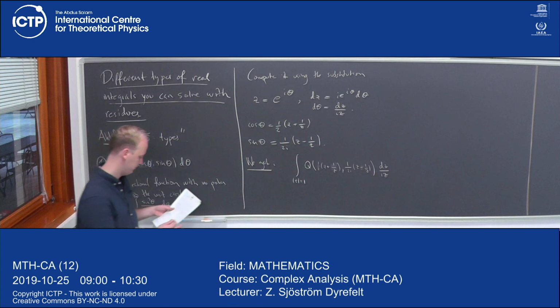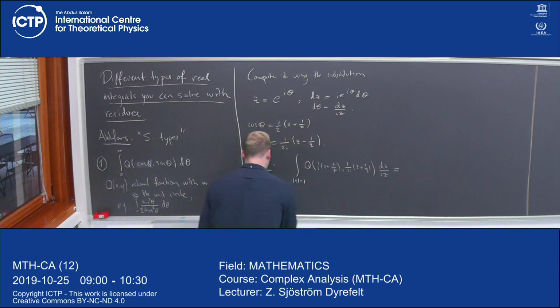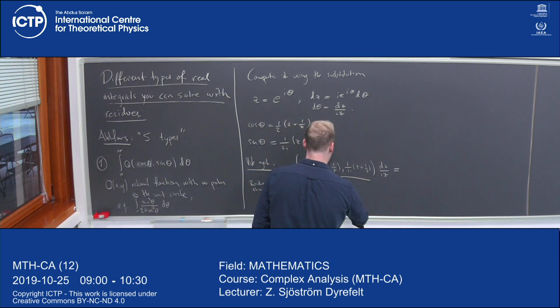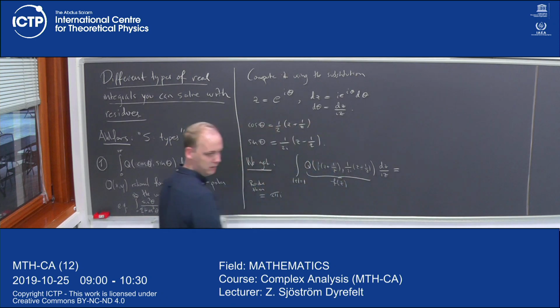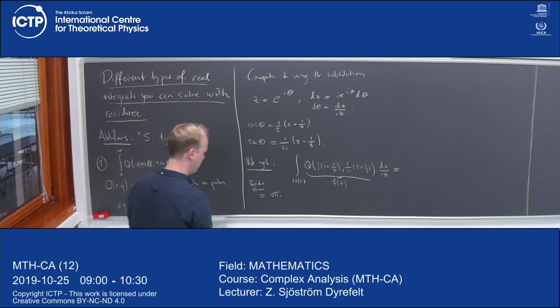So you get this integral, and now by the residue theorem, this is equal to 2 pi i times... okay, let's call this new function f of z, so I don't have to write q of all of this nonsense every time.